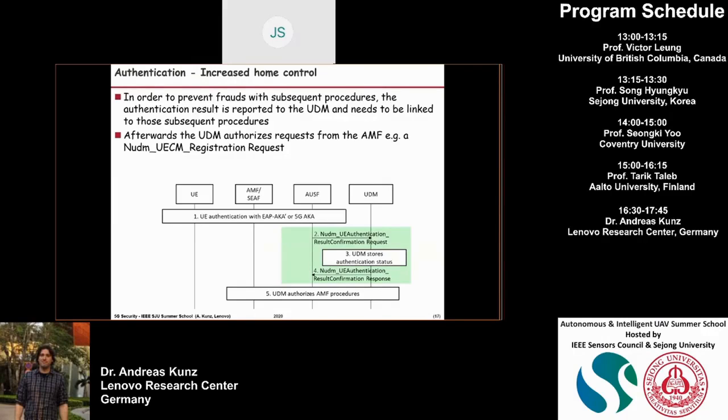So after the authentication, the AUSF will provide the authentication result to the UDM, and UDM stores the authentication status until the next re-authentication will take place. So now if the AMF would send a request to the UDM, then UDM can authorize this request based on the authentication status. This is also something very important because the AMF and SEAF are in the serving network and may be a roaming network.